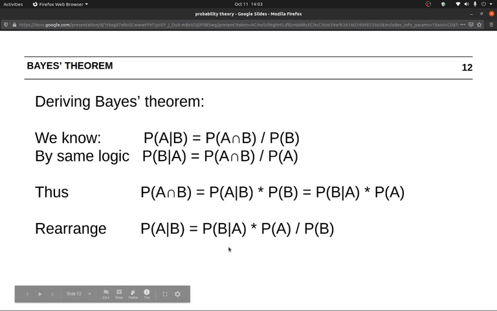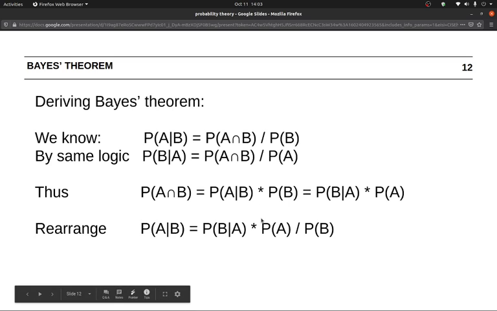So let's understand these terms. Probability of A given B, the posterior probability, is equal to probability of B given A. Now this is the probability of B given A has happened. As we would see, these are the terms that we would have information about, and probability of A given B is the term we are trying to find.